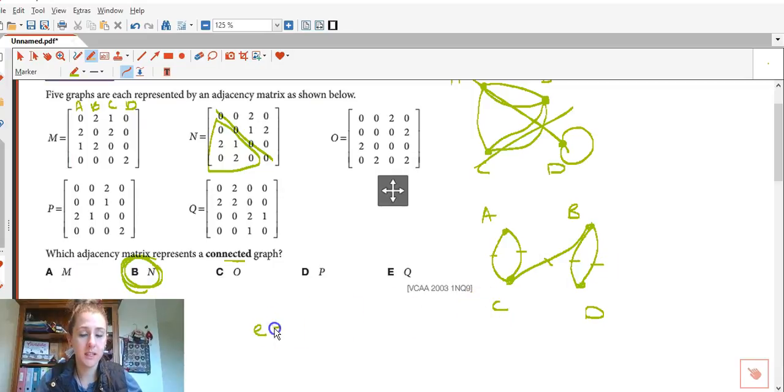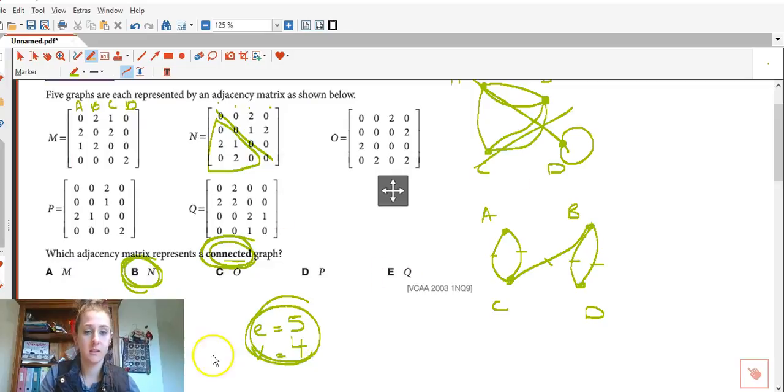So if we know that E equals 5, and we know that we've got 4 vertices because we've got 1, 2, 3, 4, we could go through and use Euler's formula to see if we get an answer. And if it is true, then that would mean that it is a connected graph, because of course it needs to be connected and planar to fulfill that equation.